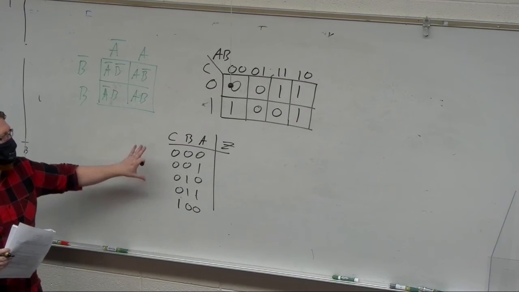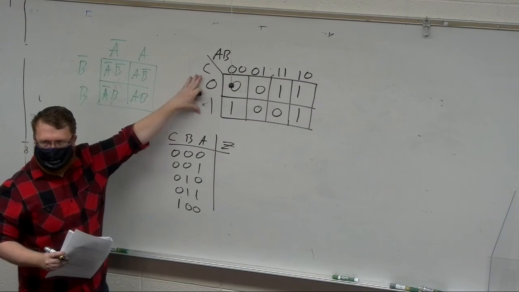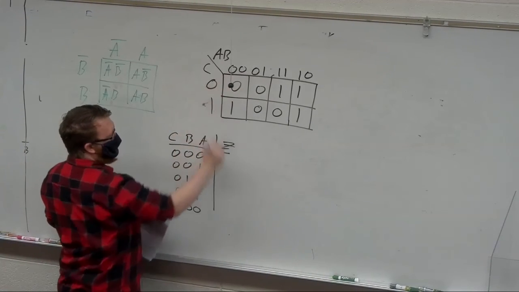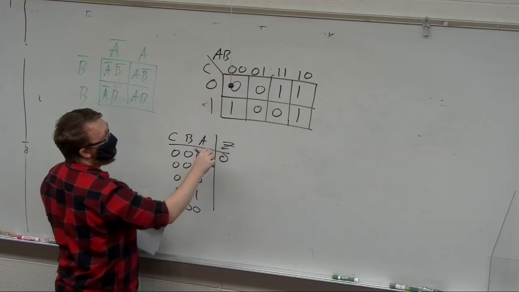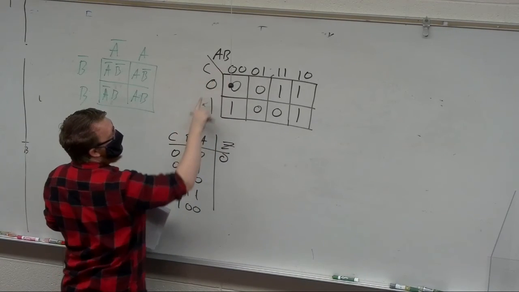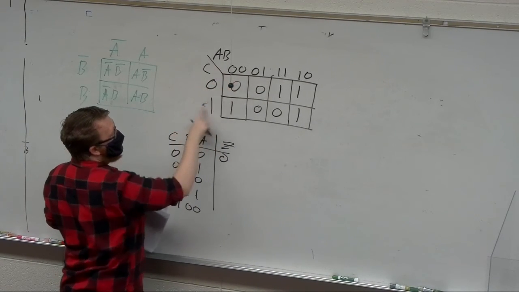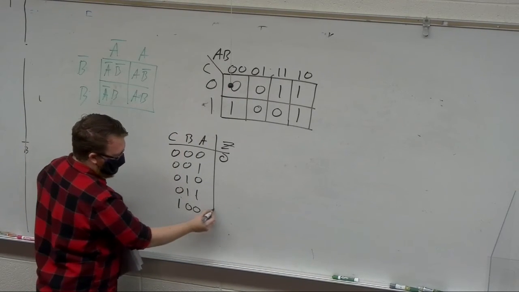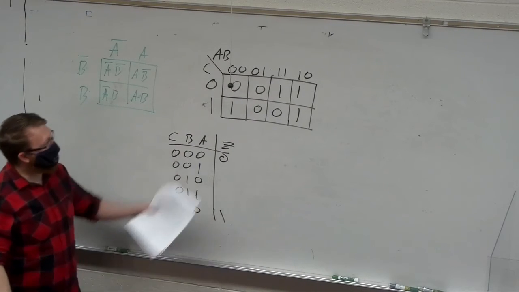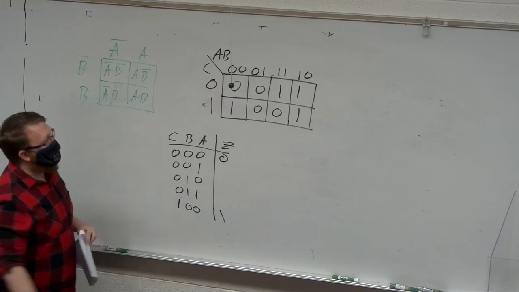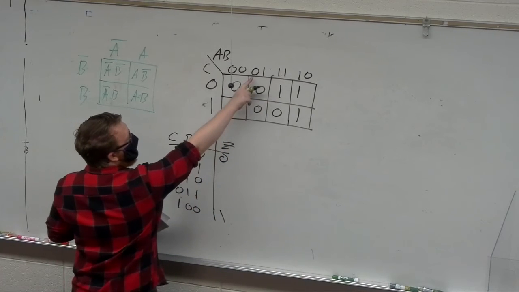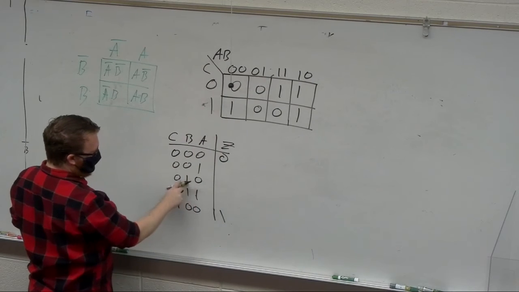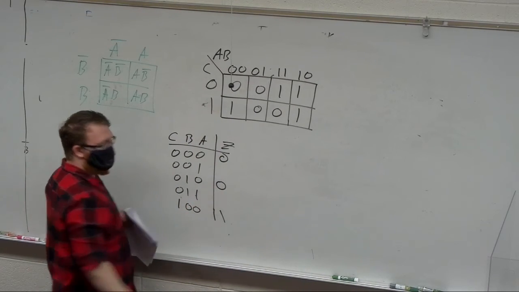I can actually go from truth table to K-map or K-map to truth table. So if I look and they're all 0, 0, 0, 0, it is a 0. Similarly, if it's not A, not B, but C, this guy, that guy is a 1 because it's a 1 in the map. 0, 1, 0, 0, 1, 0 is a 0.